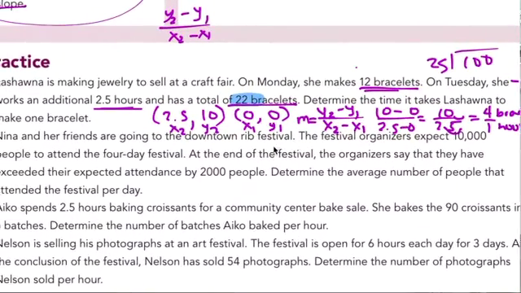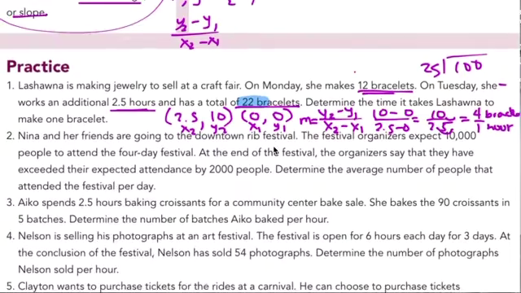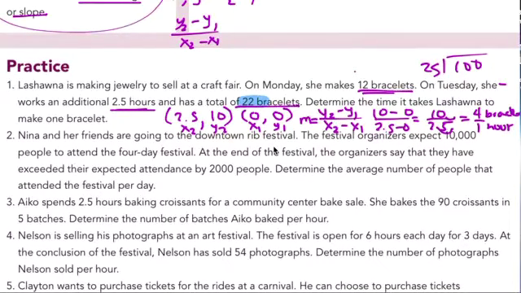Okay, that's one bracelet. Nina and her friends are going downtown to the Rib Festival. The festival organizer expected 10,000 people to attend the four-day festival. At the end of the festival, organizers said that they had exceeded their expected attendance by 2,000 people.